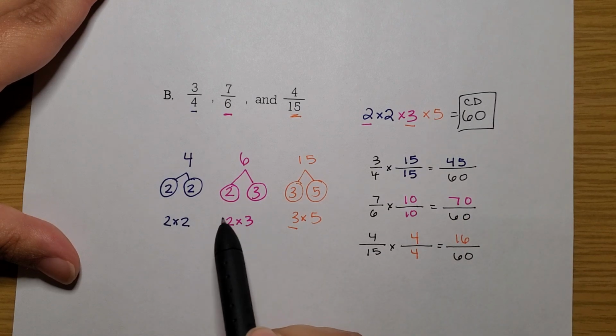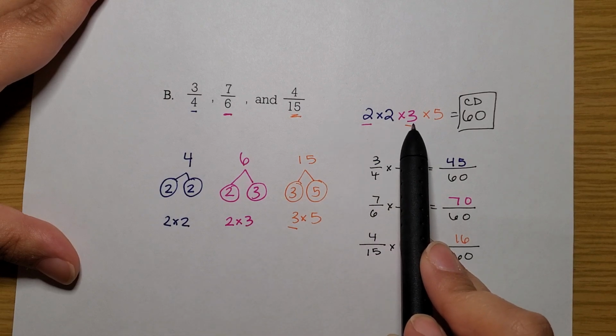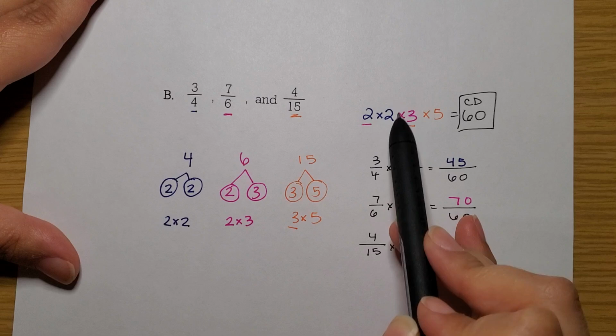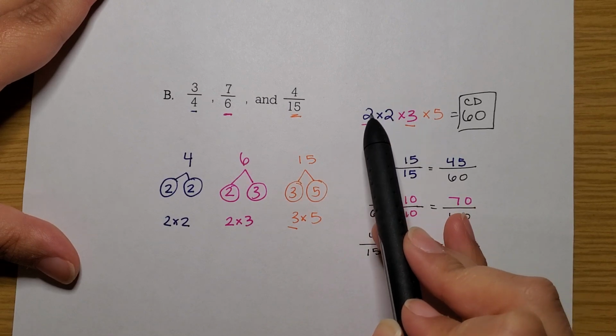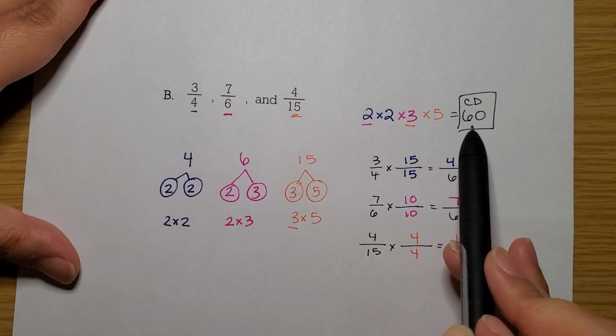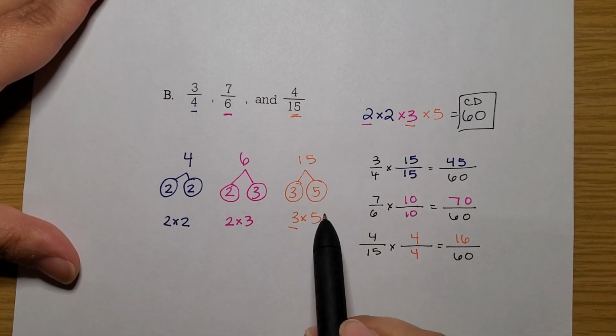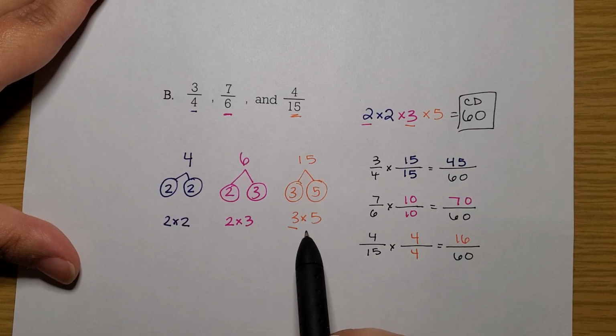6 is the same as 2 times 3. So if I take this 2 times this 3, there's our 6 hiding out amongst our factors. So 6 times 10 will get me 60. And 15 is the same as 3 times 5.